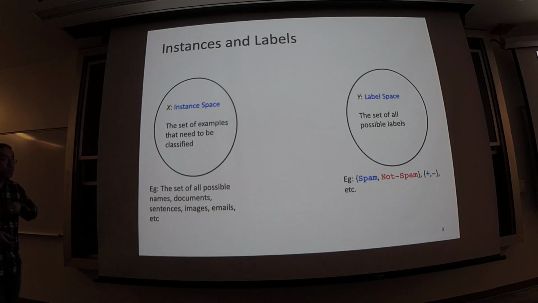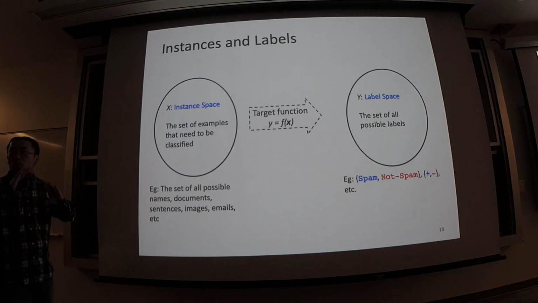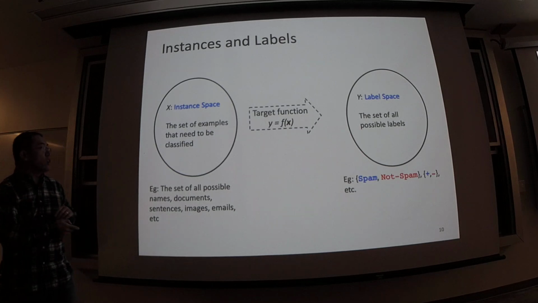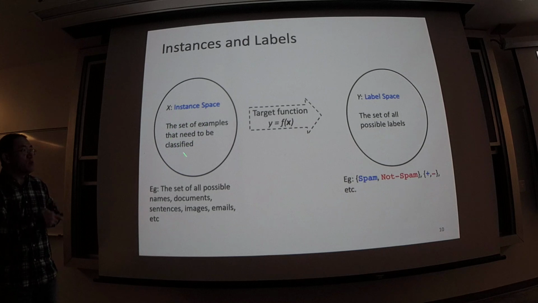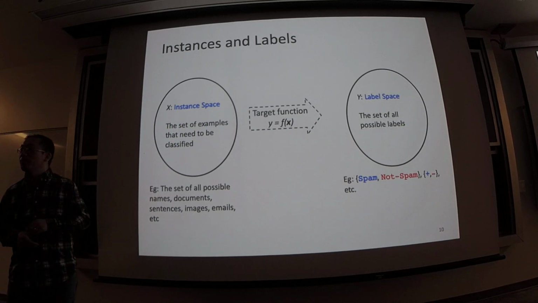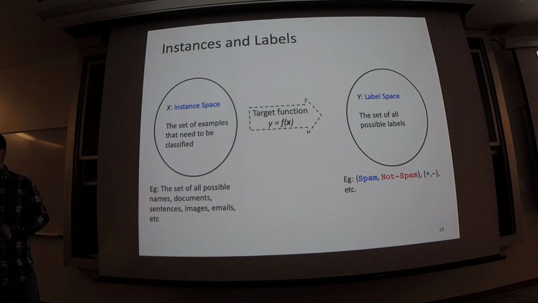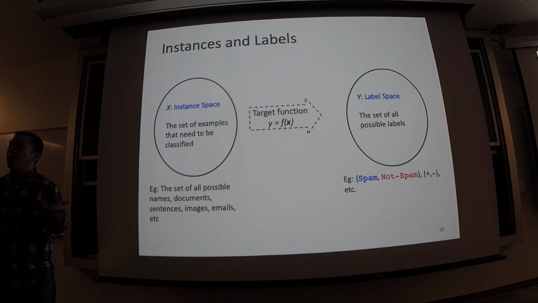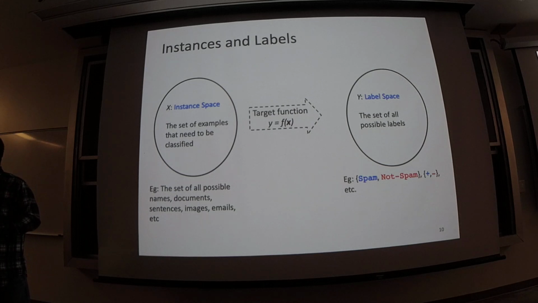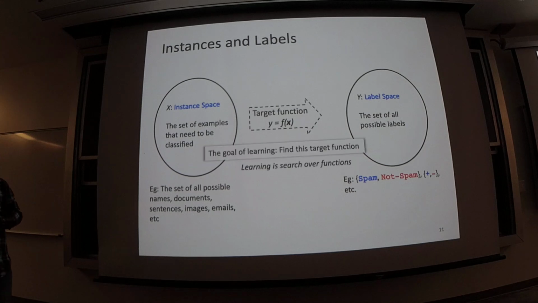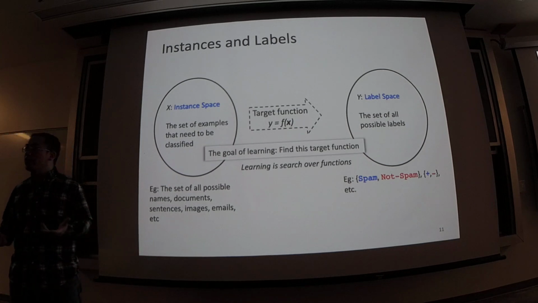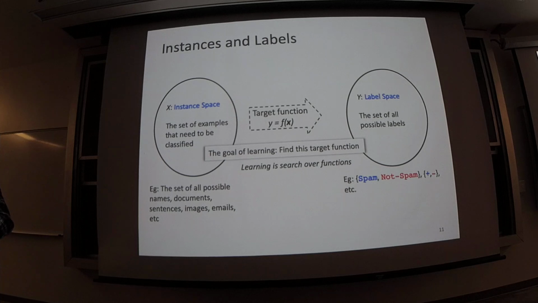And usually, if we conduct supervised learning, we believe there is some ground truth target function which maps the instance in the instance space to the label in the label space. I know there's some powerful classifier which can correctly classify the tag of each news article, right? And the task of our supervised learning is to find out this target function, or in many cases, find out a good approximation of this target function.